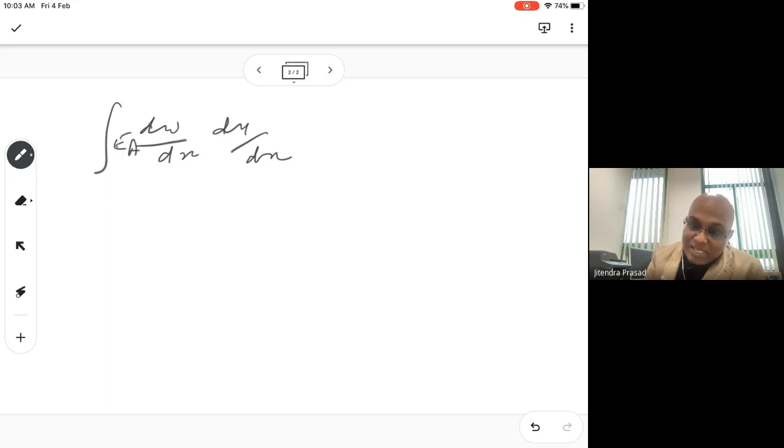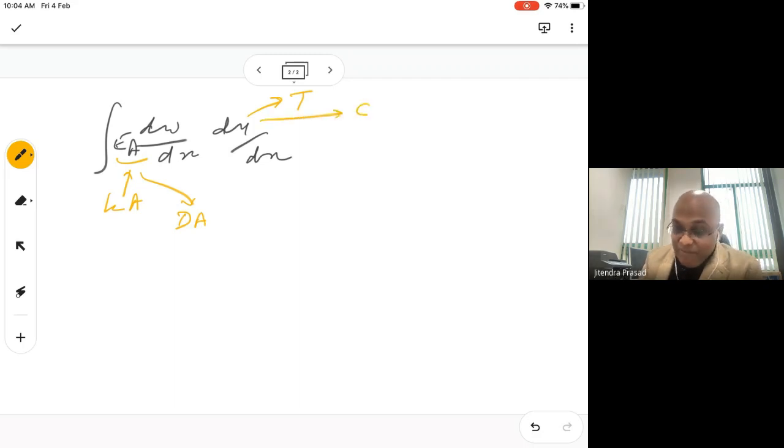So far we know that EA could be EA here, or could be KA in the case of heat transfer, or dA in the case of diffusion. It will vary. U will also be T in the case of heat transfer, or U can be concentration C in the case of diffusion. This will vary, otherwise the form remains the same. So this is in the case of Galerkin.